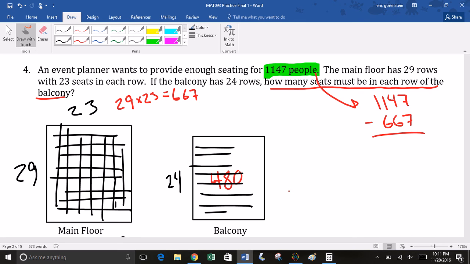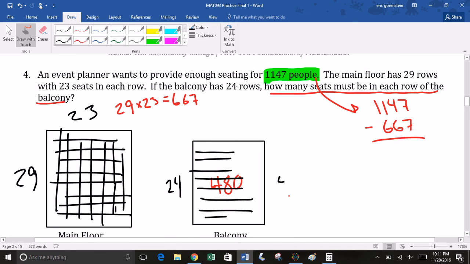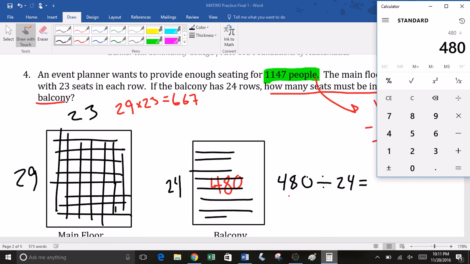So that 480 has to be split up 24 ways. So 480, and let's divide that up into 24 equal groups and see what we get. We'll divide 480 by 24.